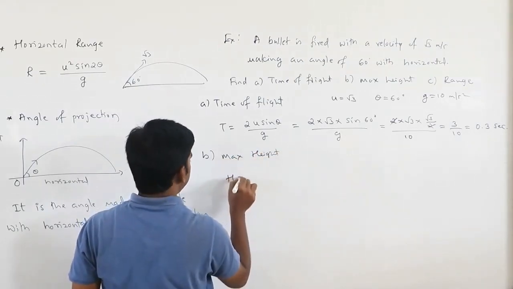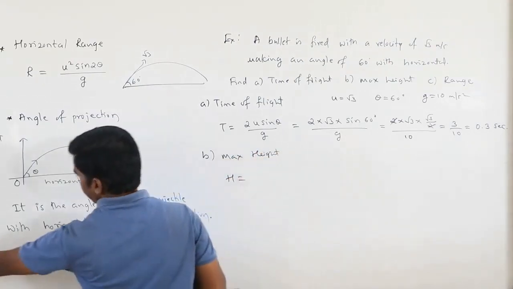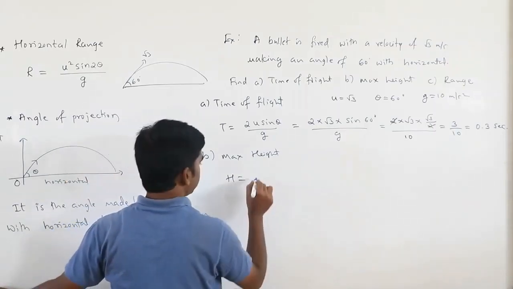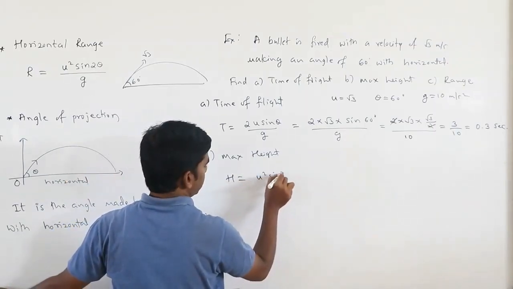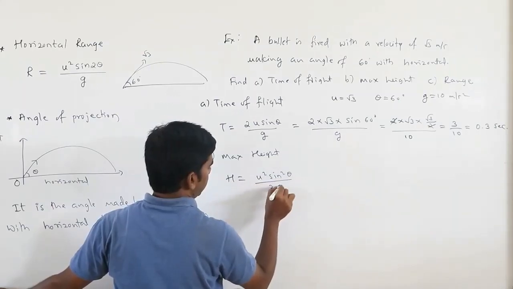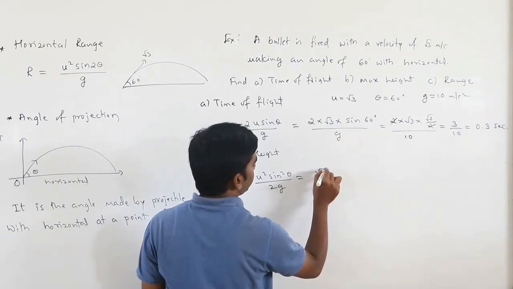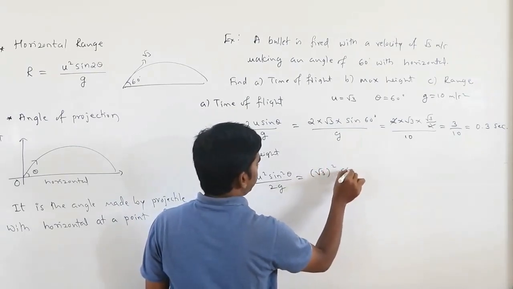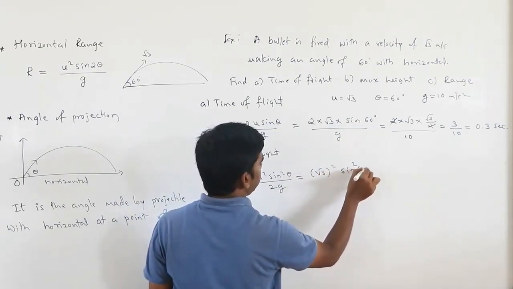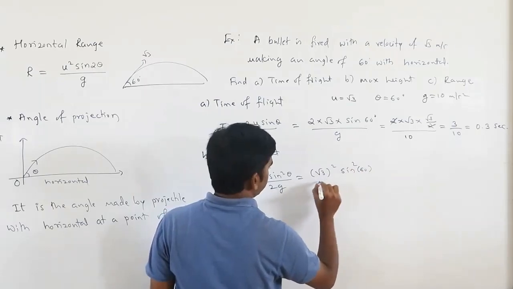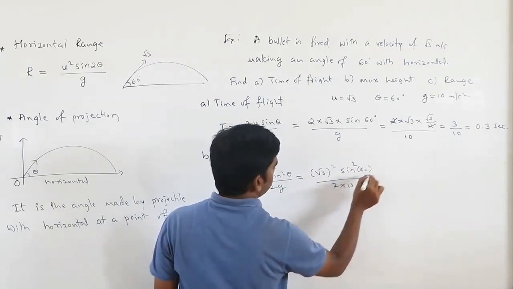So maximum height H equals to, what formula am I having? Maximum height attained is equals to u square sin square theta divided by 2g. U square, what is u? Root 3 the square. Then sine square of 60 degree divided by 2 into 10.